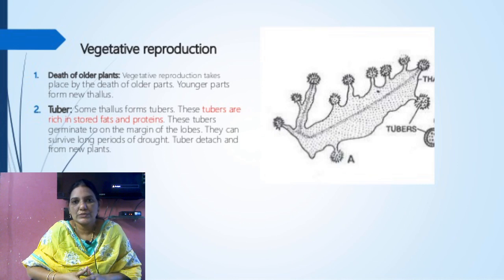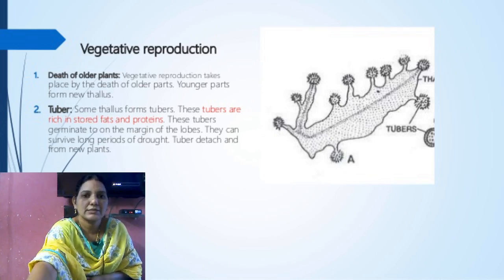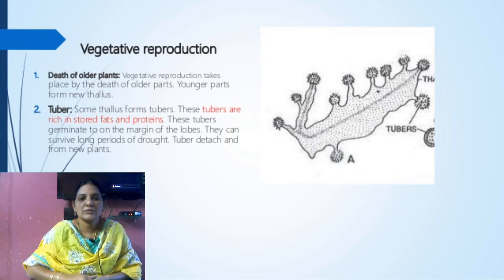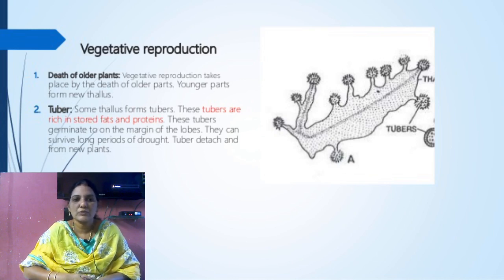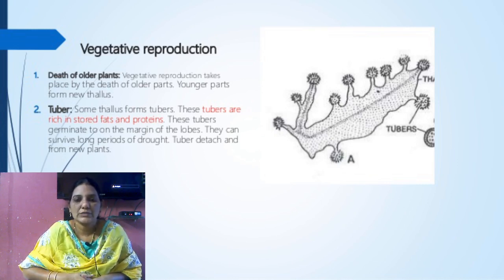The second one is tubers. The thallus produces tubers at its edges. The tubers separate from the thallus and produce new Anthoceros thallus. And gemmae are also present on the thallus. Here there is no midrib. The gemma cups are present on the whole surface of the Anthoceros.